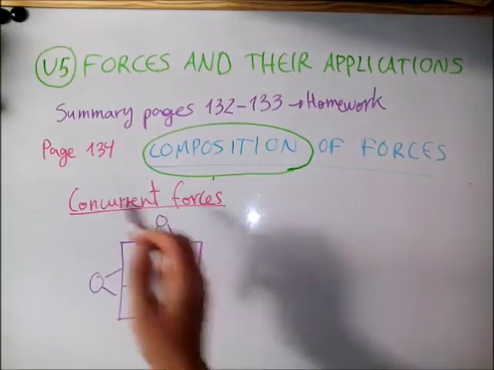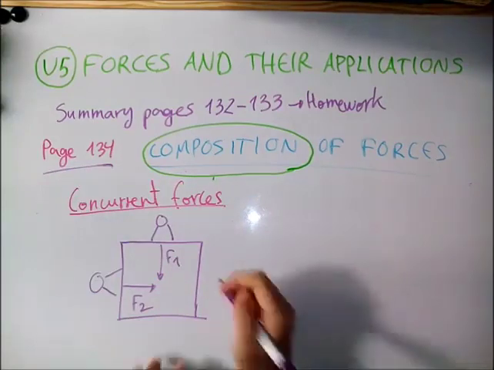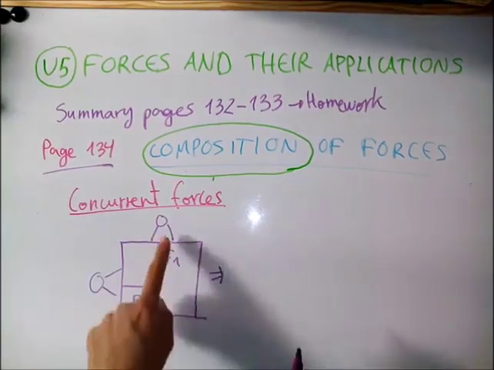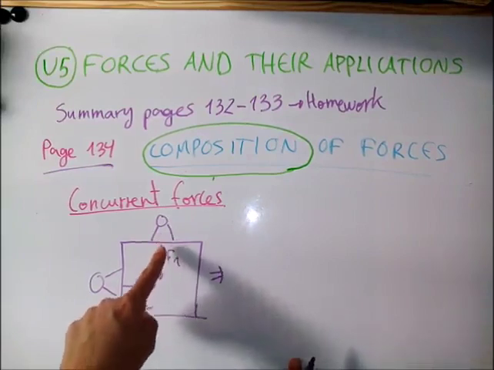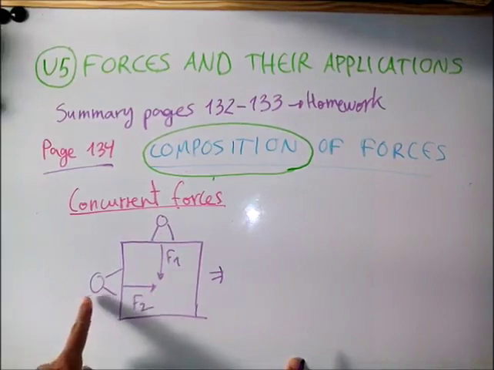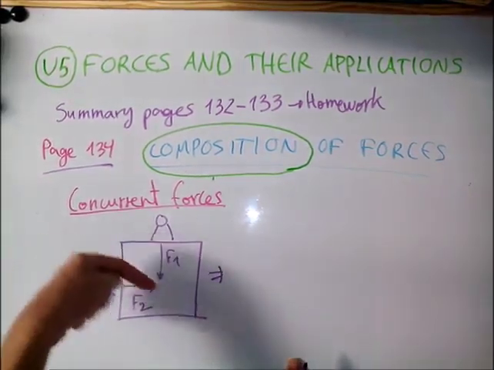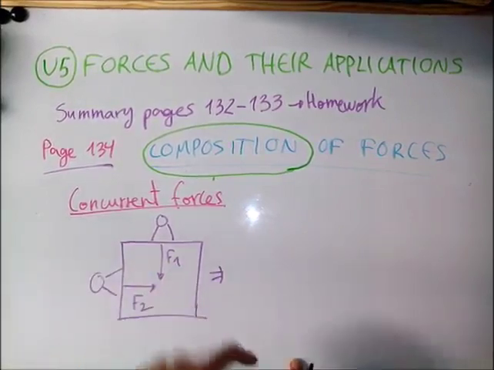Look at the book, please, because the picture is much better than mine, okay? So this has an equivalent situation. This person, for example, wants to push the table towards the window, and this person wants to push the table towards the door, okay? And the table would move somewhere in between. It would move like in that direction, okay?